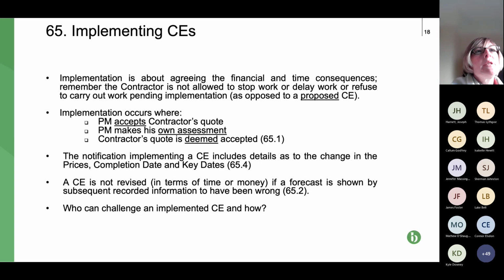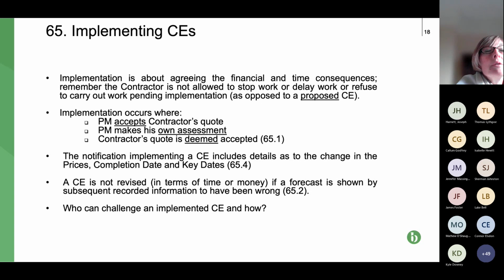So second bullet point, the implementation occurs when the project manager accepts the contractor's quote in full, or the project manager makes its own assessment. And obviously that's implemented, but the contractor, of course, is still entitled to proceed to adjudication or dispute the project manager's assessment to get the assessment increased or a greater extension of time if the contractor feels that it's entitled to that.